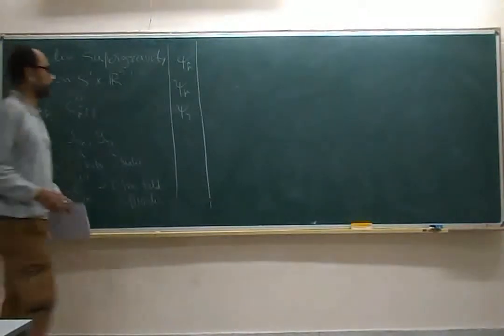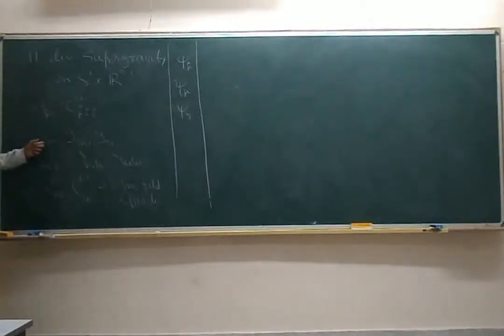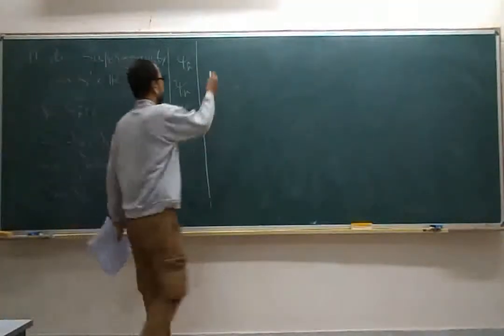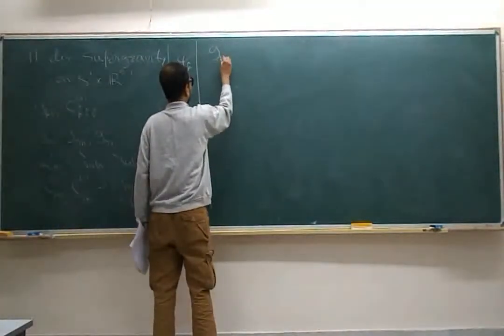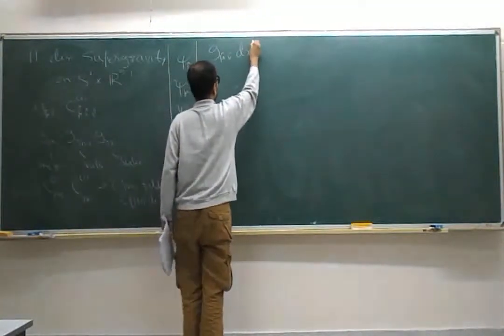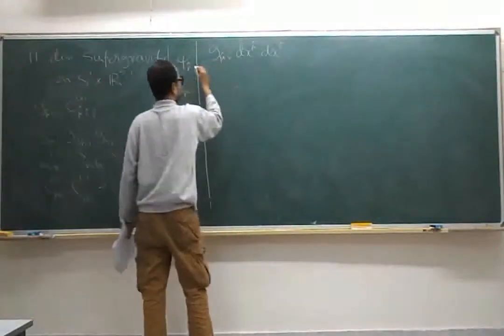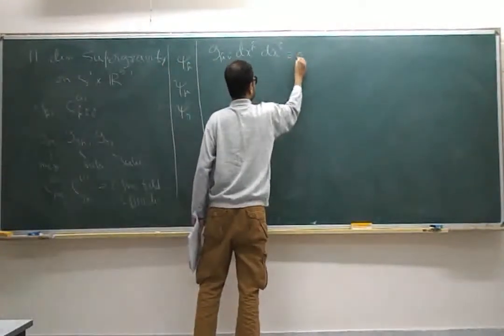Okay, so let me begin by writing down how, starting from a metric G mu hat nu hat, we define the fields in 10 dimensions, 9 plus 1 dimensions. So G mu hat nu hat dx mu hat dx nu hat, this is the total metric, which I'll call ds squared.